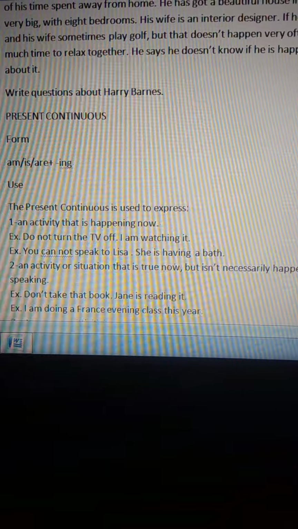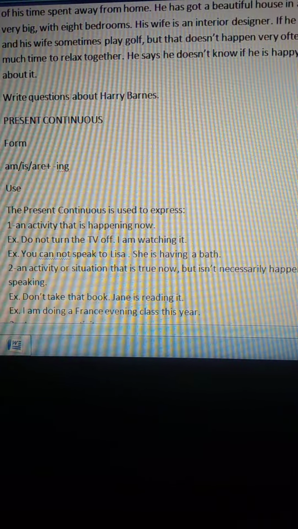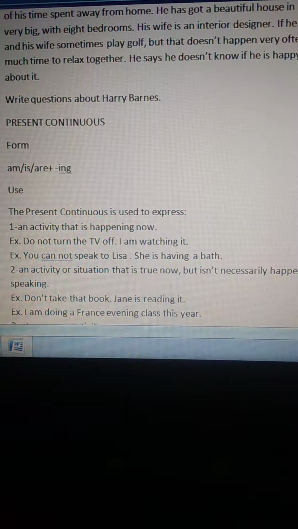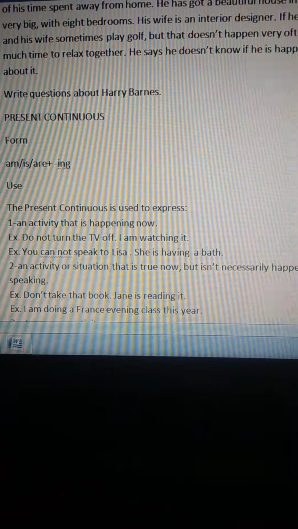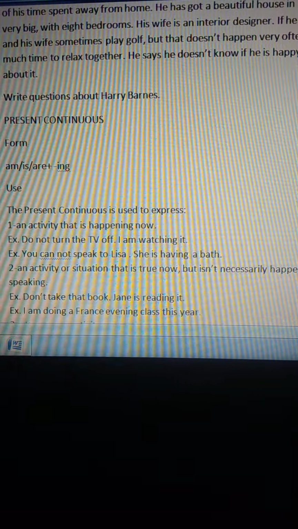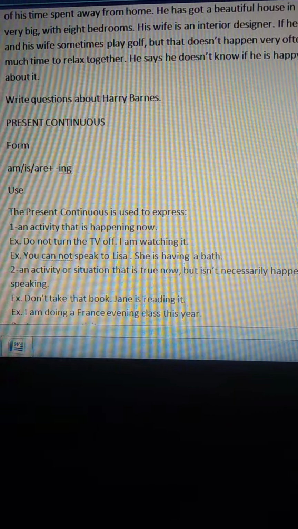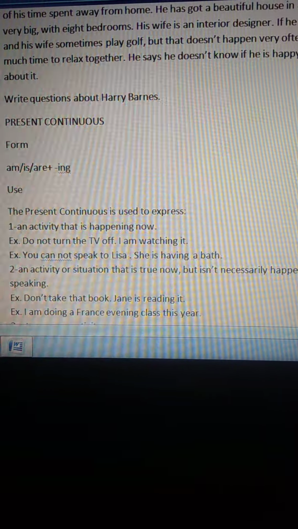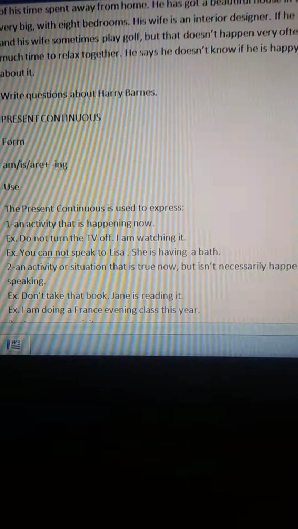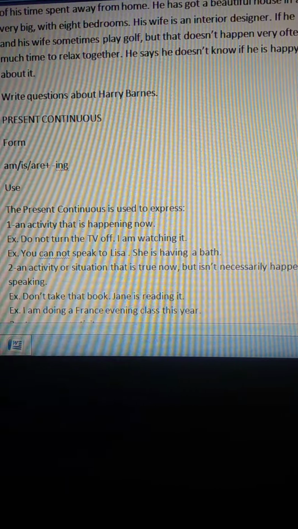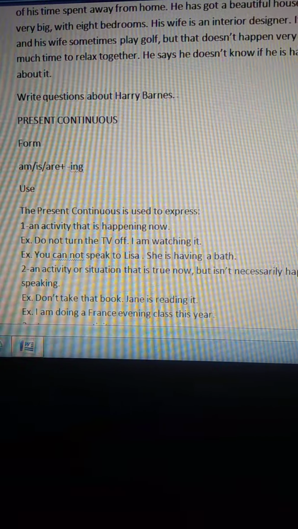Write questions about the present continuous. How can we use the present continuous form?